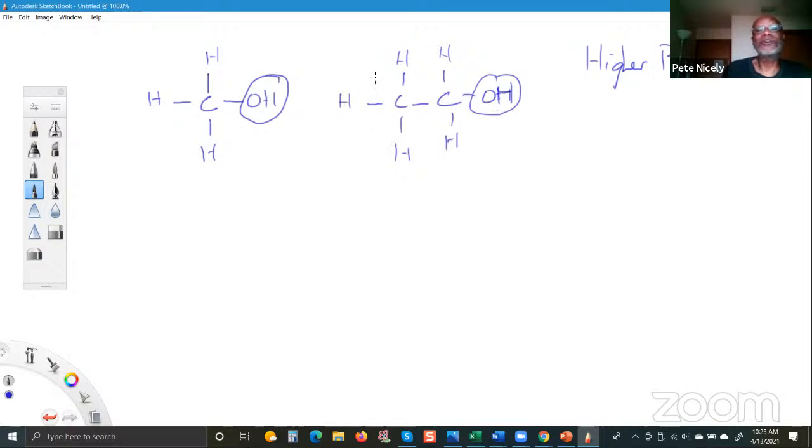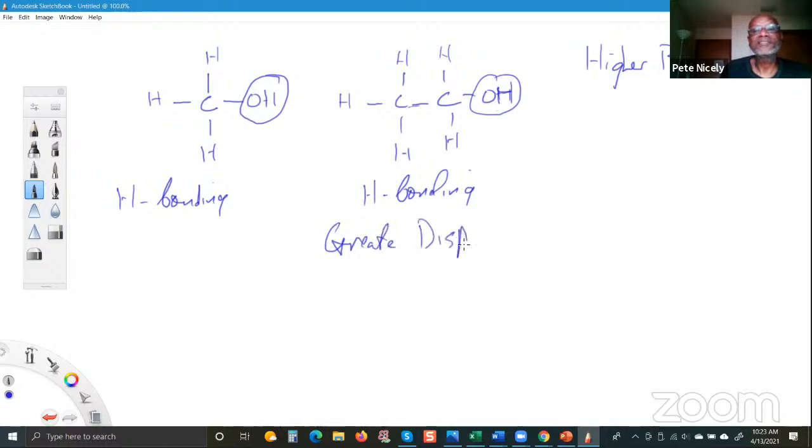The difference between them, of course, is that this one has a longer carbon chain compared to this one, right? So let me just write here. Both have hydrogen bonding. However, because this one has a longer carbon chain, it has greater dispersion forces.